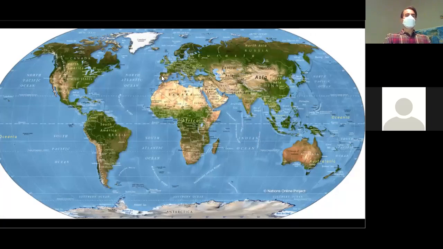Basically, if you remember, Christopher Columbus is coming from this part of the world and sails off and is trying to get to this part of the world, but runs into the Americas. He lands down here in the Caribbean, and he thinks he's in India or somewhere off the coast of India.